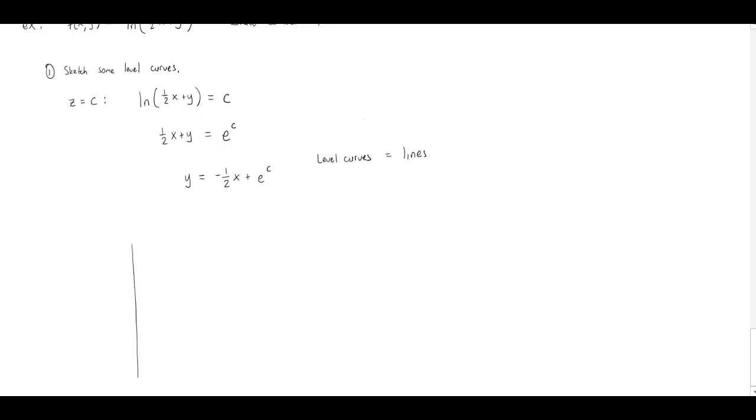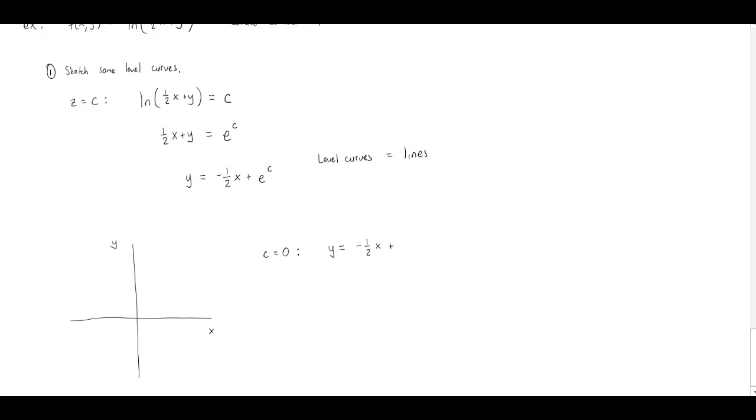Now, let's plot just a few specific level curves. Let's look at what happens when c is equal to 0 first. When c equals 0, this equation becomes y equals negative 1/2 x plus e to the 0, which is 1.